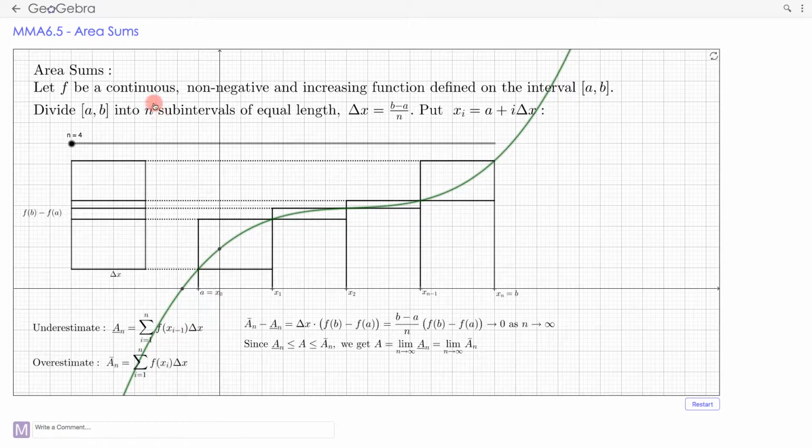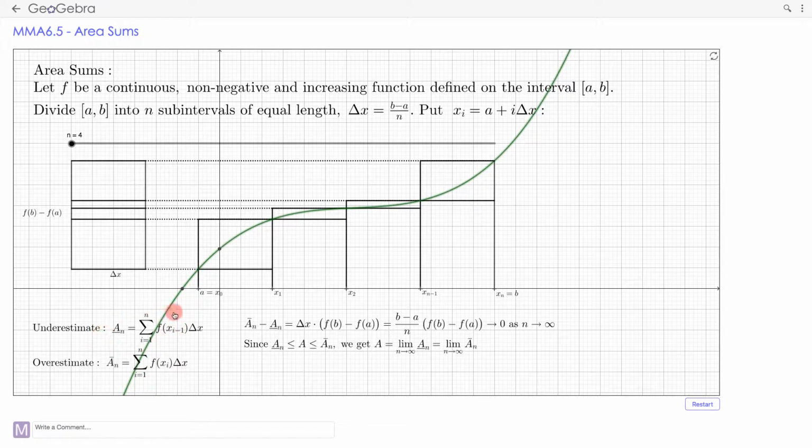Now since this function is increasing, we know that an underestimate for the area under this graph from a to b is the sum of the rectangles whose values are exactly the lowest value of the function in this subinterval and in this subinterval and so on. And since the function is increasing, the lowest value will be at the leftmost endpoint, right?